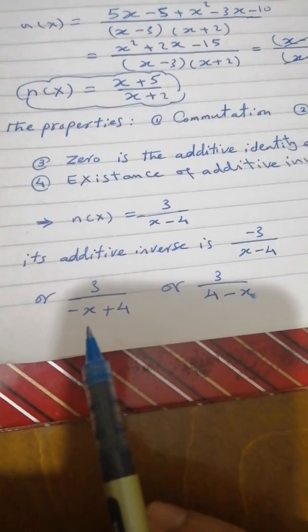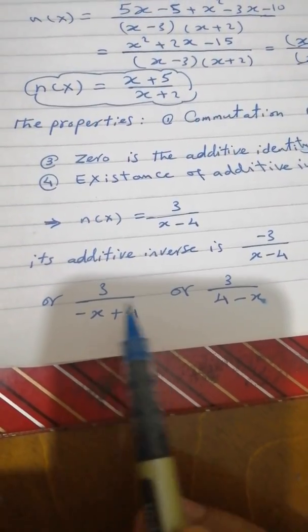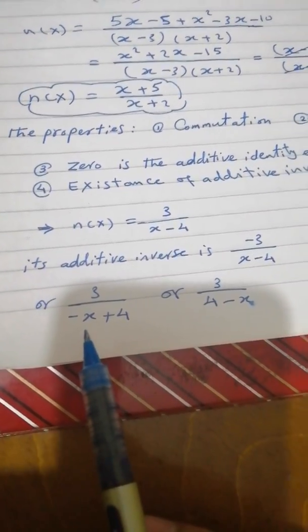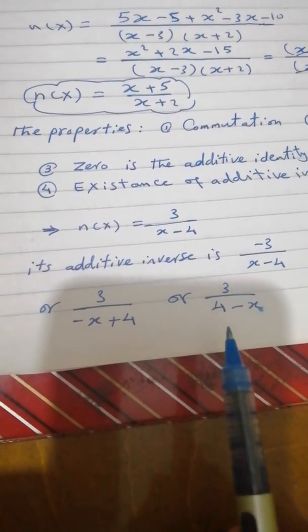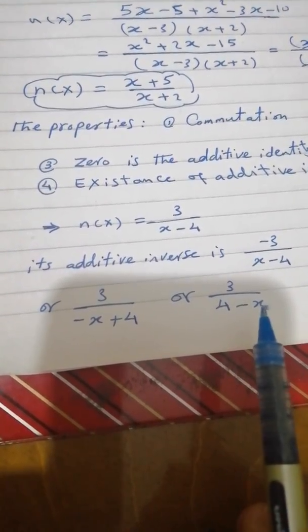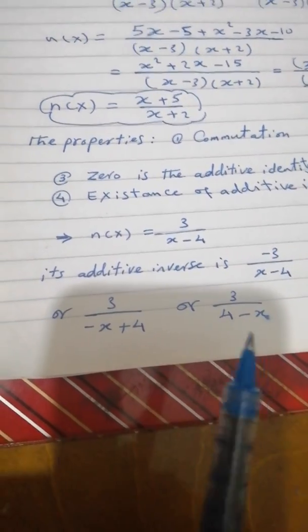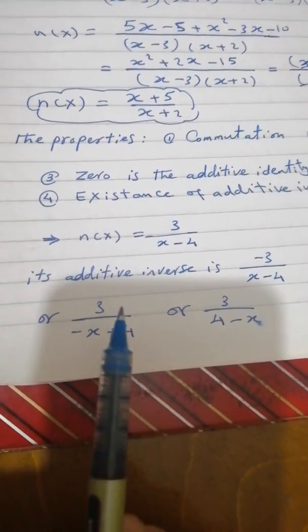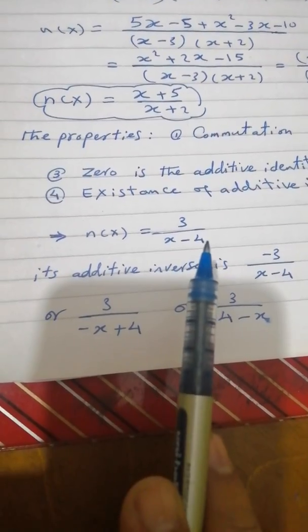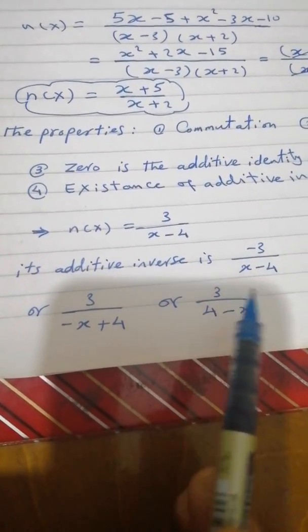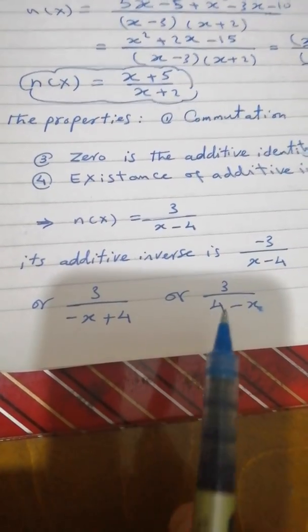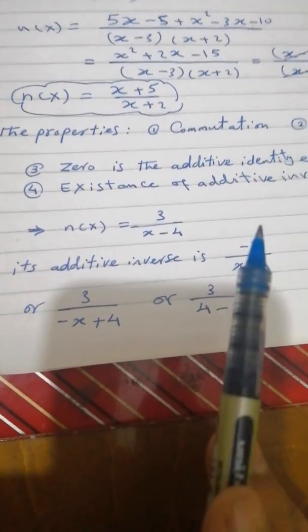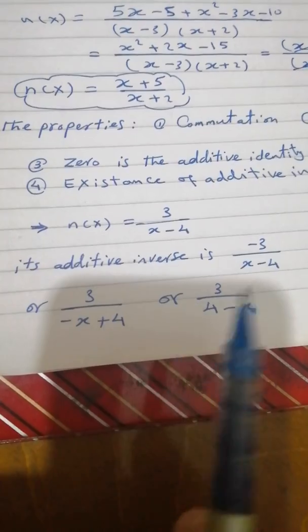We changed the sign of the denominator. You can arrange the denominator: 3 over (4 minus x). Then the additive inverse of 3 over (x minus 4) is negative 3 over (x minus 4), or 3 over (negative x plus 4), or 3 over (4 minus x). The three fractions are equal.